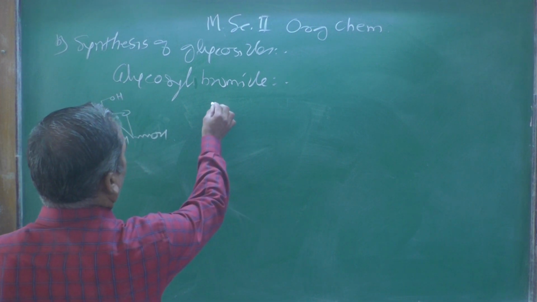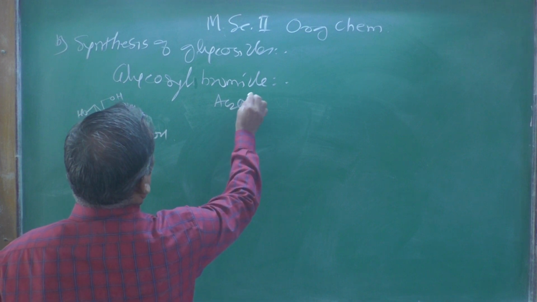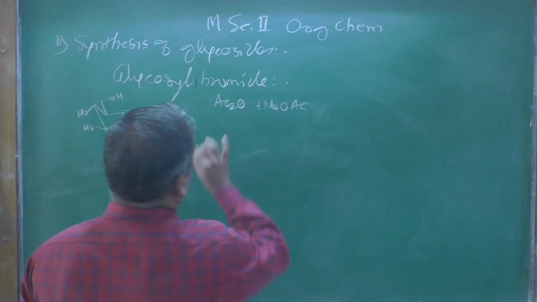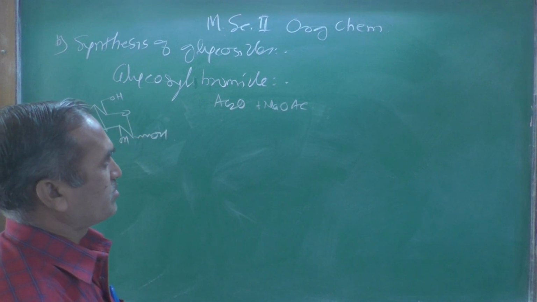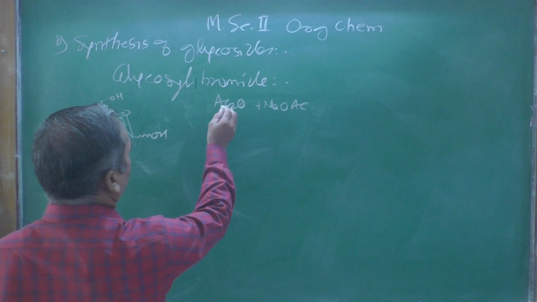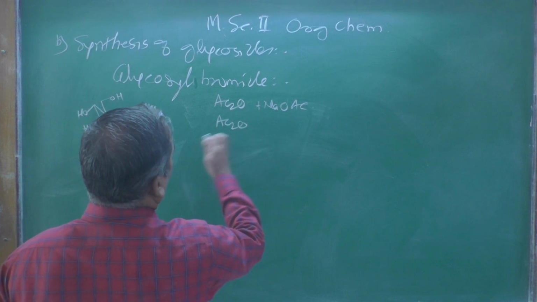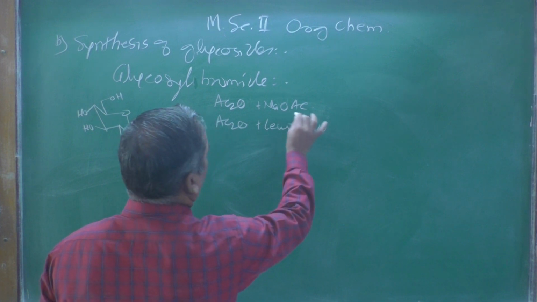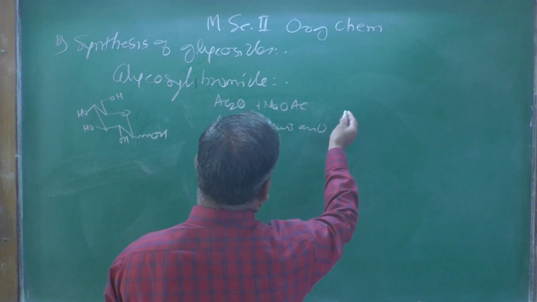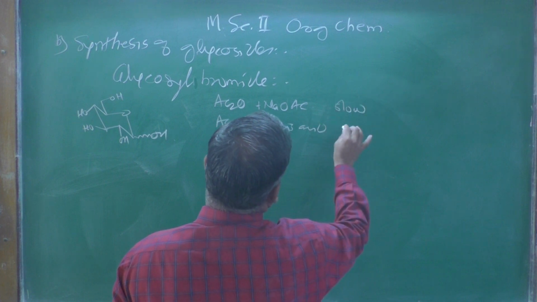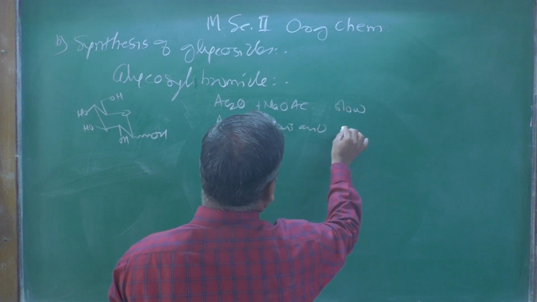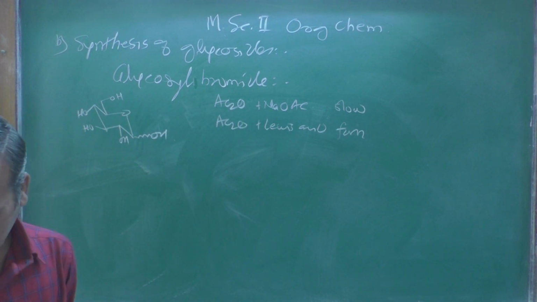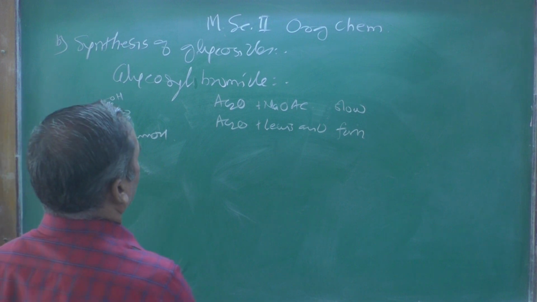Generally here, acetic anhydride, Ac2O, in the presence of sodium acetate, or you can carry out acetylation in the presence of a Lewis acid. Here the rate of acetylation reaction is slow, and here it is fast.